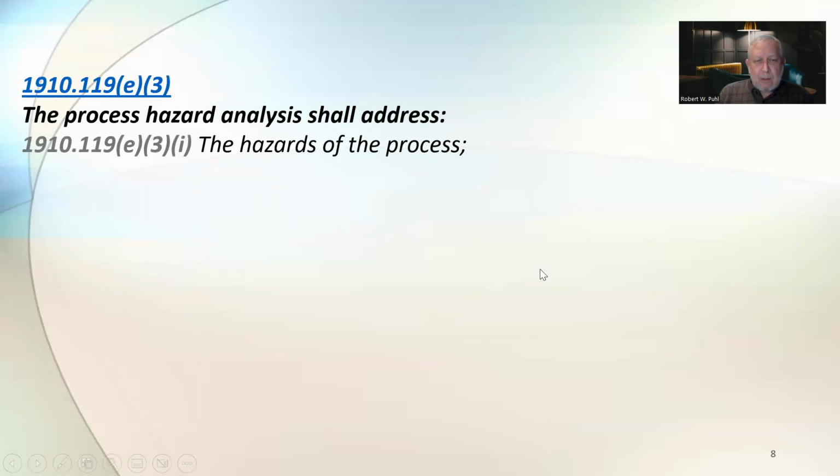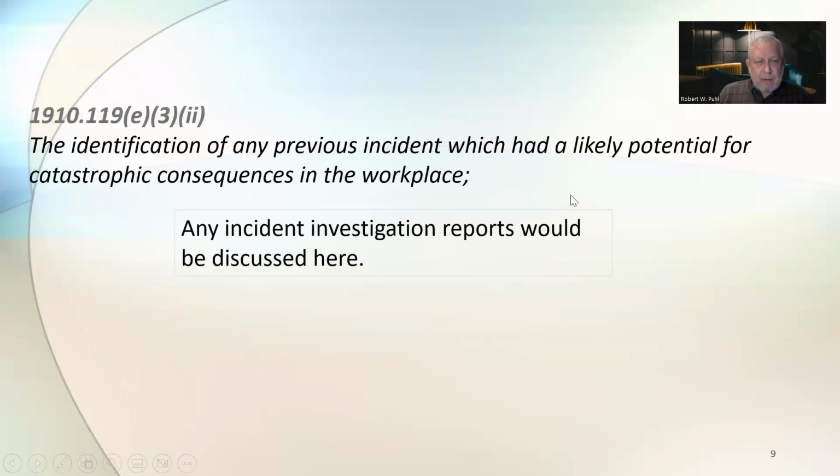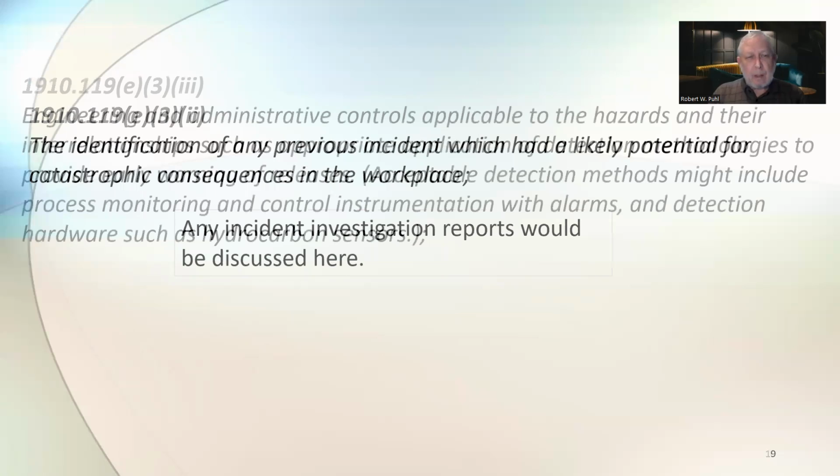The process hazard analysis shall address the hazards of the process, and the identification of any previous incident which had a likely potential for catastrophic consequences in the workplace. So any incident investigation reports would be discussed. They have to be brought up in here.